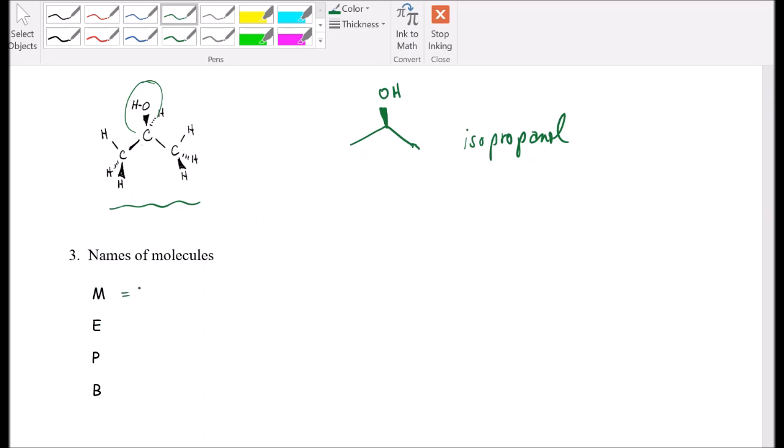First letter here, M, stands for methyl or methane. If you're English, you say methyl instead of methyl. And what this will mean when you see the word is something with 1 carbon. Methane, you should remember its structure. Nice tetrahedron, CH4, very common molecule.